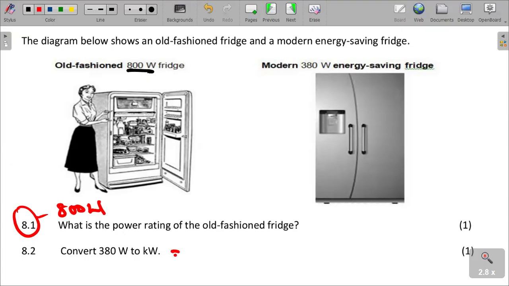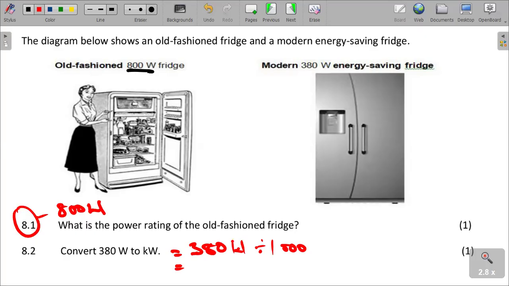380 watts to kilowatts. For you to get this, it's 380 watts divided by 1000, in order for us to get them in kilowatts, the relationship of units. So it is 380 watts divided by 1000.